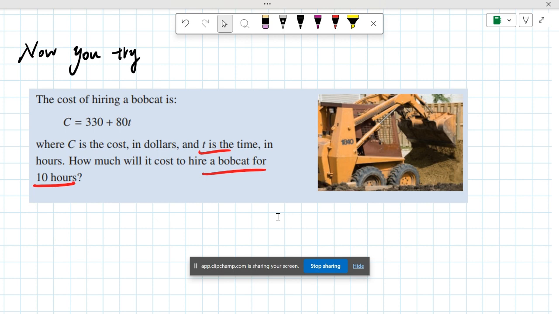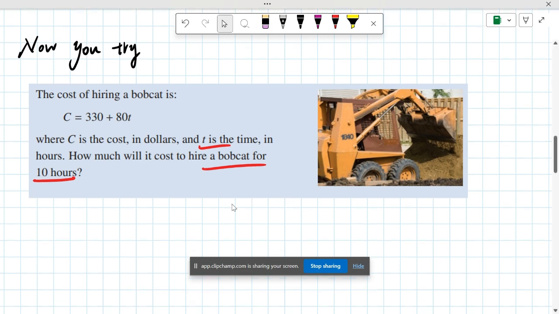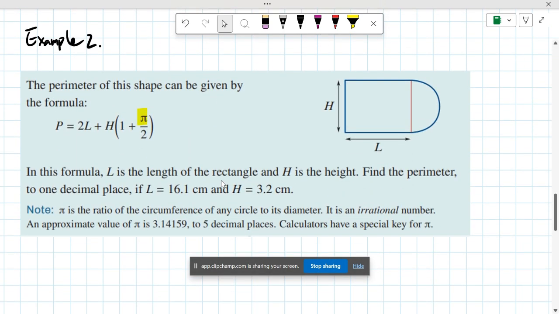Now we have a new example with something a little bit new to you. First is pi, which represents 3.14159. L is 16.1 and H is 3.2.